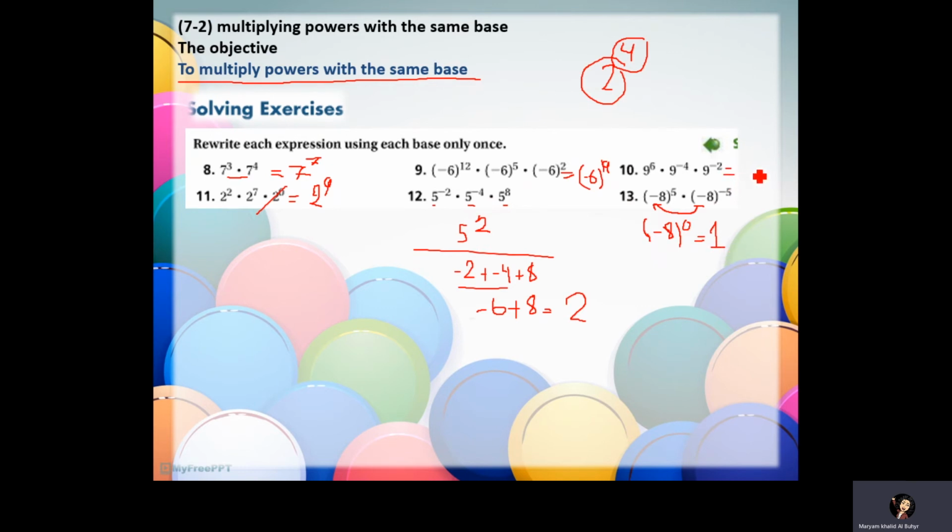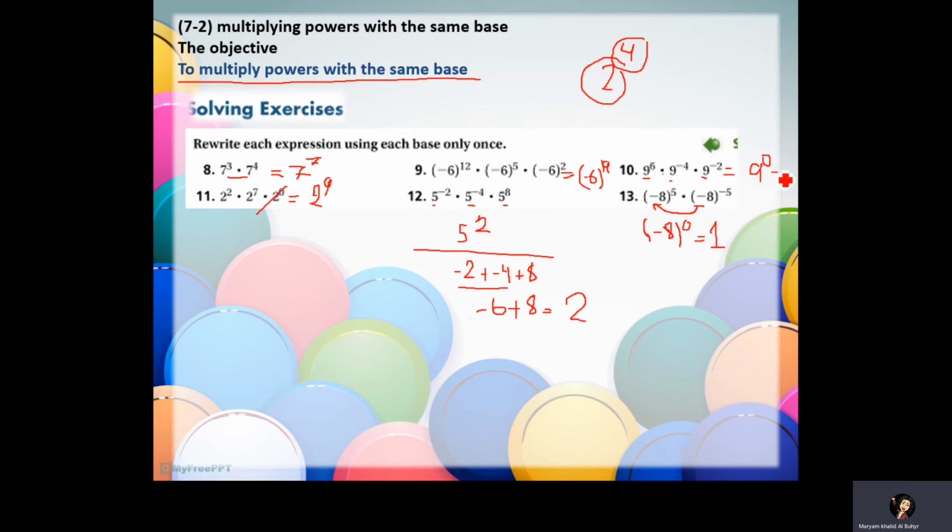Here is the last one. 9 to the power, all of them same base. Add the powers. Between them is multiplication. Keep this in mind, because I will give you something different in the coming days. Between these bases we have multiplication. If I don't have multiplication, I will do something else. So 6 minus 4, it's 2. 2 minus -2, it's 0.